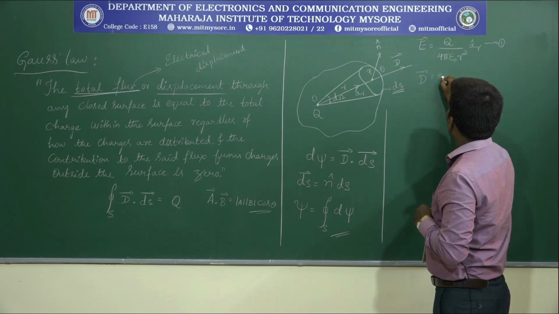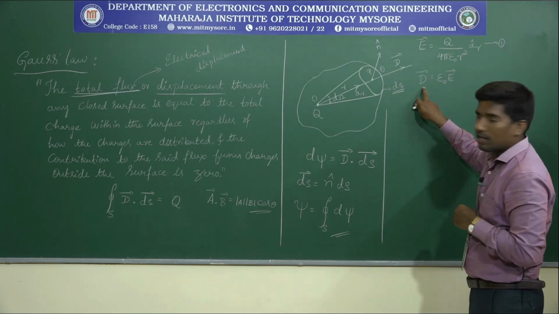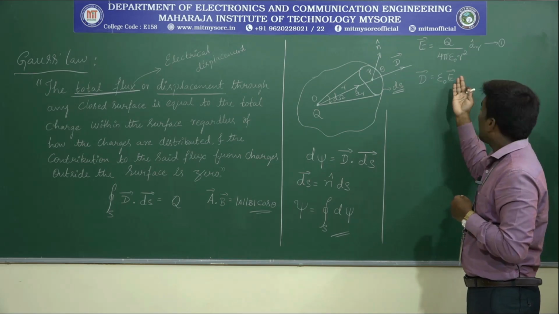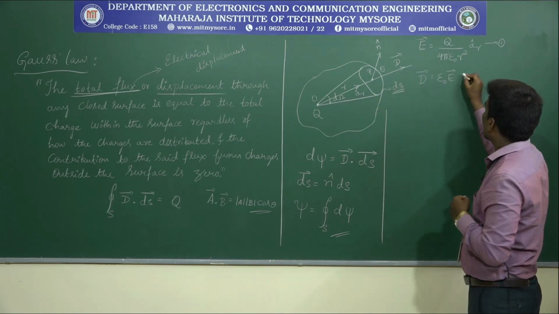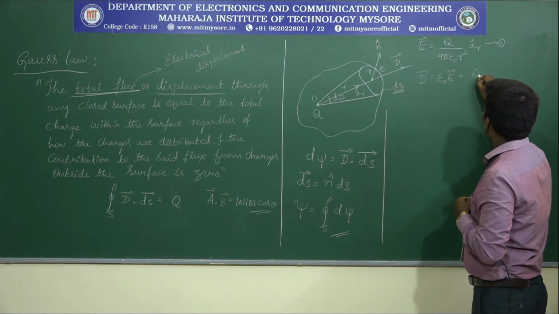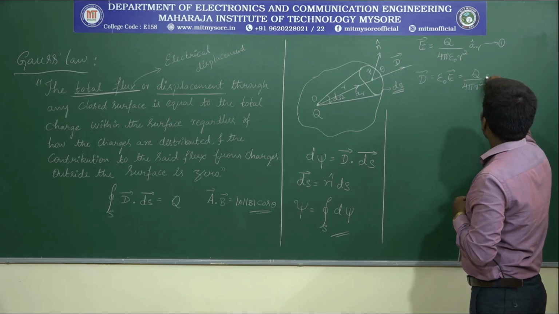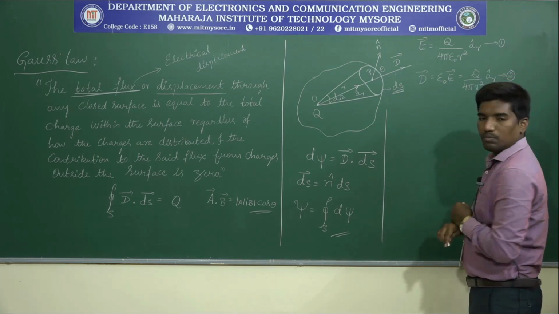D is equal to epsilon naught into E, the relationship between electric field intensity and electric flux density which we saw in the previous class. This is given by Q divided by 4 pi R square into a cap R. Let it be equation 2.